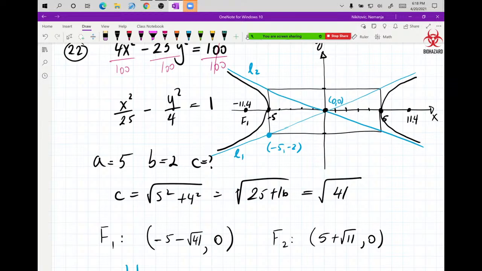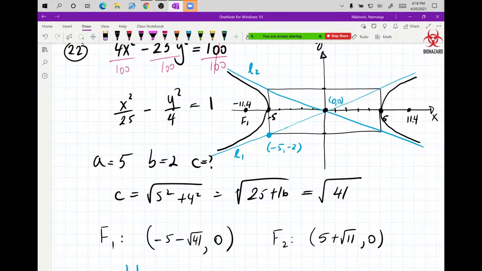If I want to get from negative 5, negative 2 to 0, 0, I have to go 5 units out, 2 units up. If I go 5 units to the right and 2 units up, the slope is automatically change in y is 2, change in x is 5, so 2 divided by 5 would be the slope.